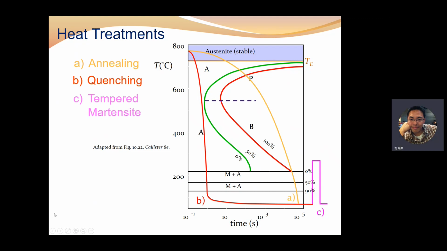We can reheat it at a specific temperature, hold it for a specific time, and then cool it, and we can modify its mechanical properties, such as the hardness. You can see in this region is martensite and austenite.